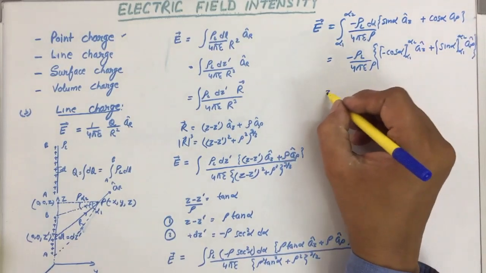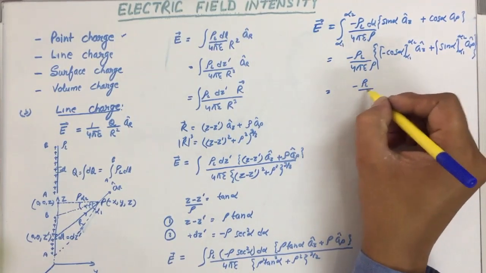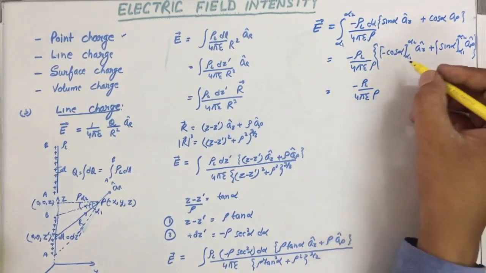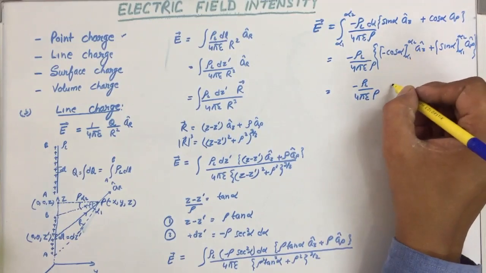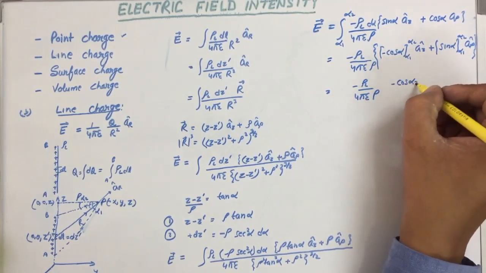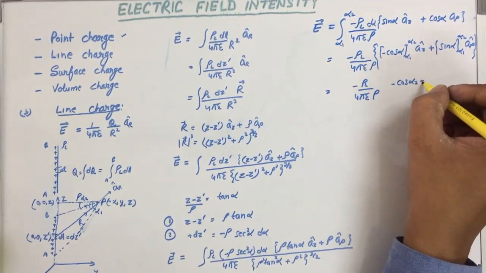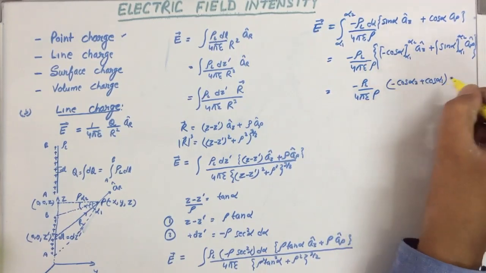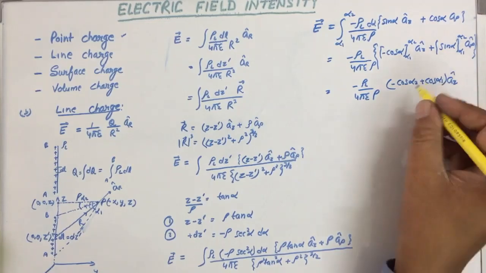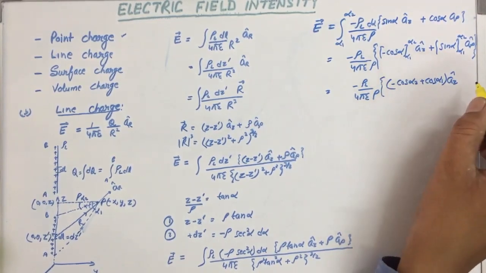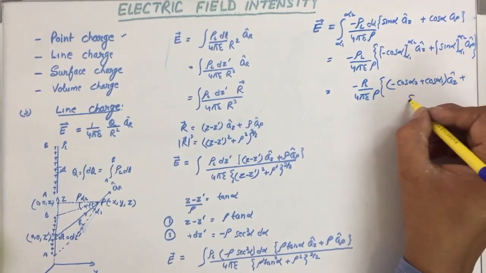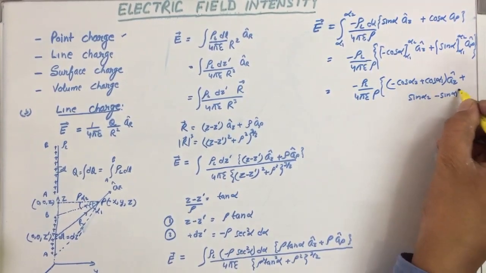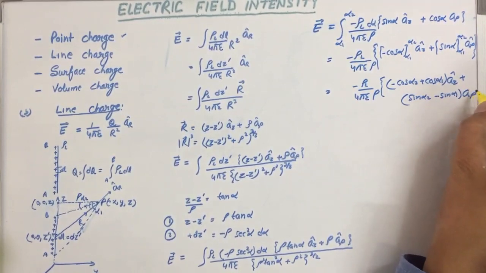Okay. So minus rho L by 4 pi epsilon rho, times minus cos alpha 2 plus cos alpha 1 in the direction of Az, plus sin alpha 2 minus sin alpha 1 in the direction of A rho.